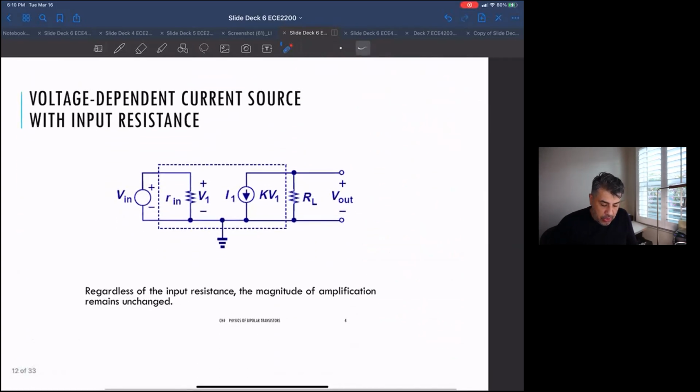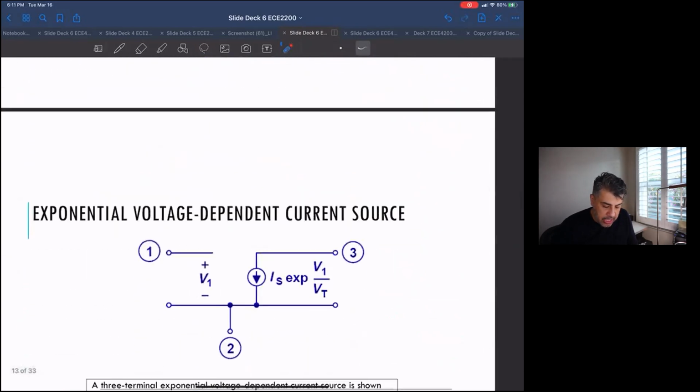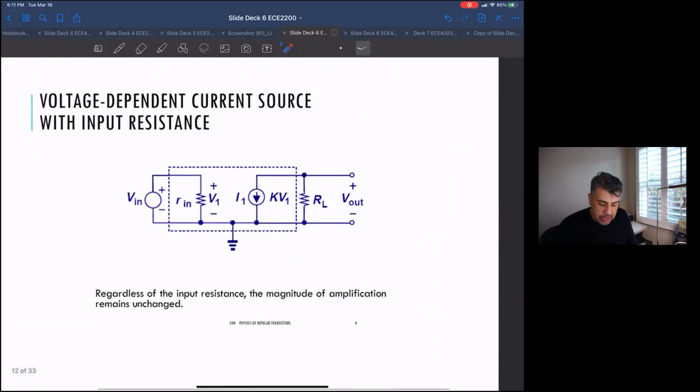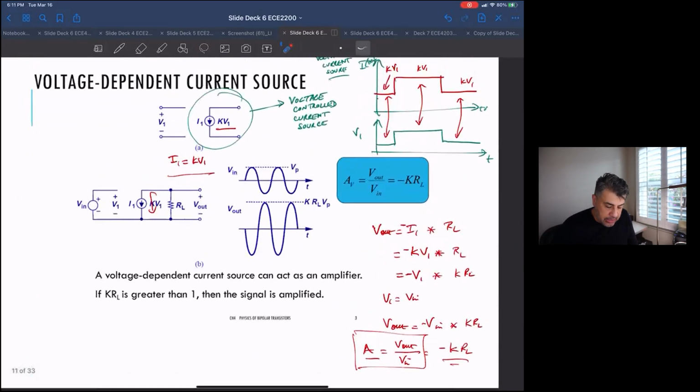Okay, so basically this is the circuit. Forget about this Rn for now. The main idea is, if we had such a beast and an external resistor, we would get a gain, which would be the external resistor value times this K value.